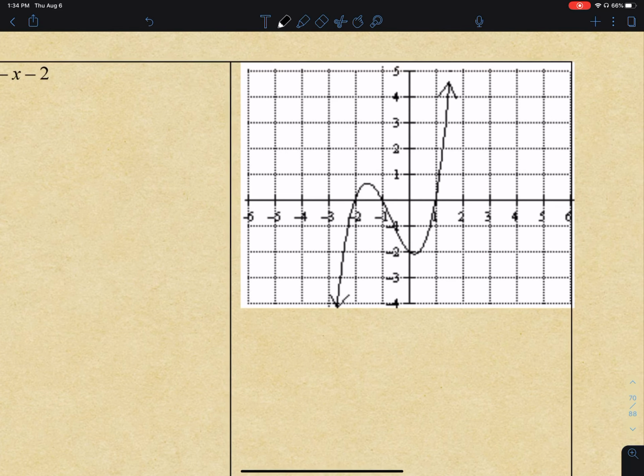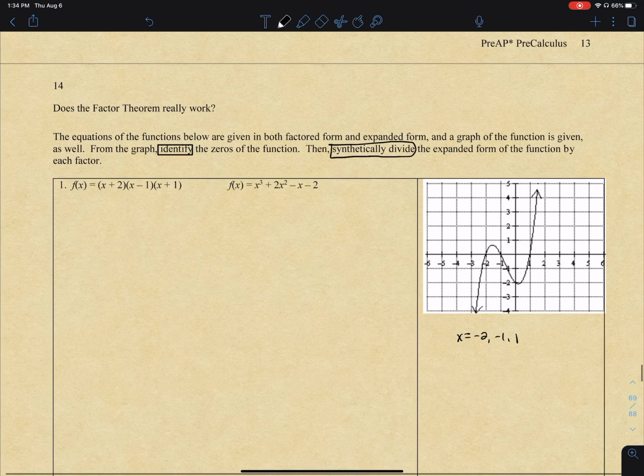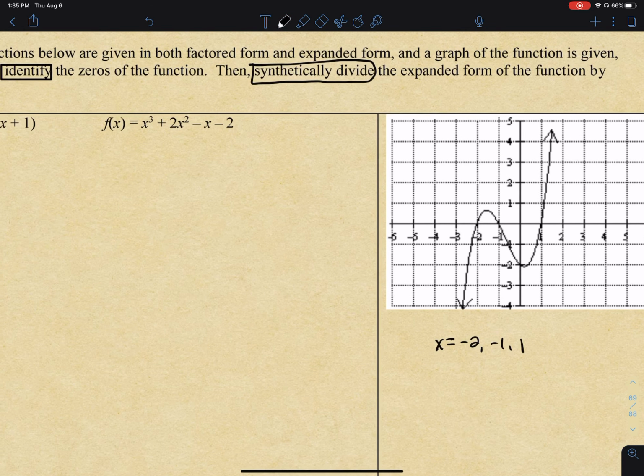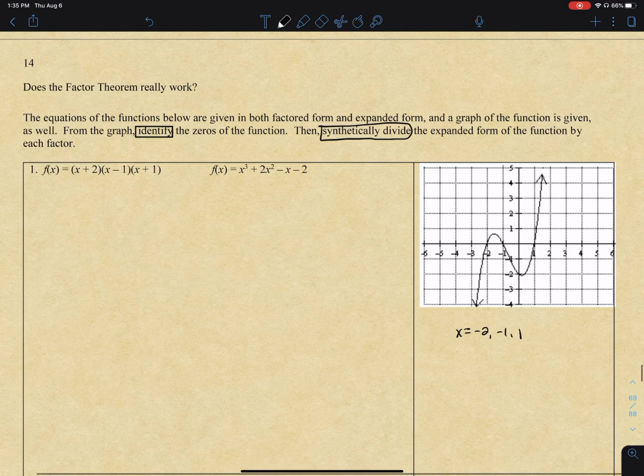All right. So the zeros of the function are -2, -1, and 1. We're supposed to take the expanded form and divide it by each of these.